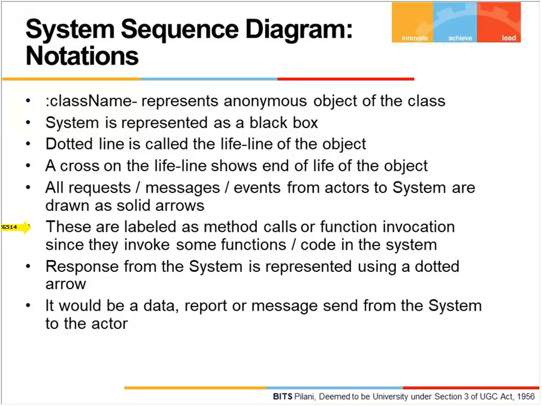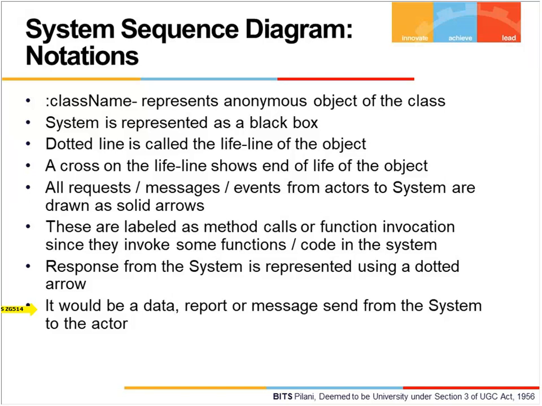Events from actor to the system are solid lines, and on top of them you will write method invocation calls. Whereas on top of the response from the system, which is represented using a dotted line, the system writes the data, report, or message generated from the system to the actor.